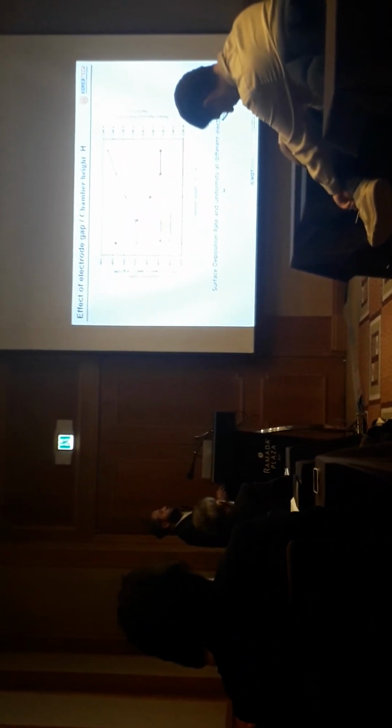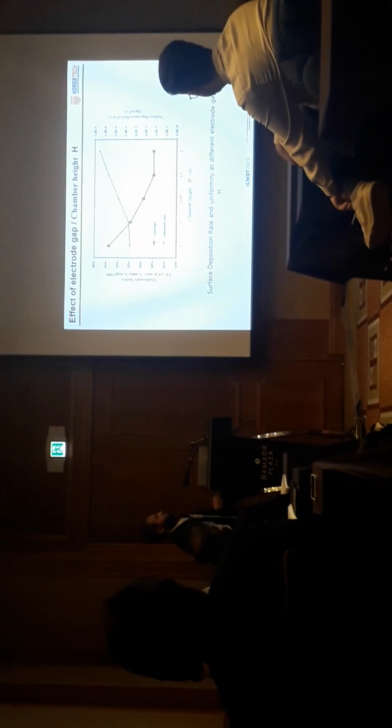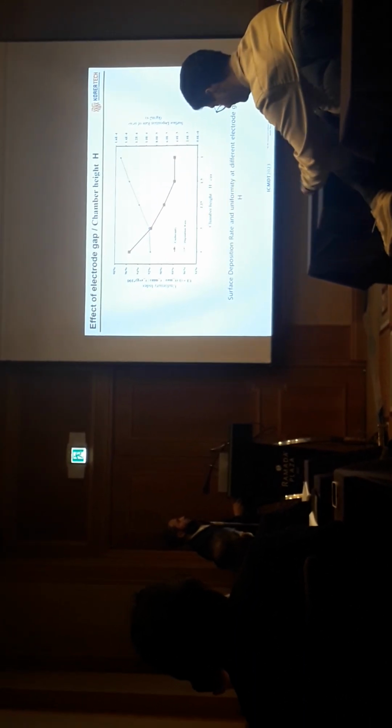Here is the equation I use. So the uniformity is 1 minus the maximum thickness minus the minimum thickness over the average. So depending on the location, which area has a thicker layer deposited than any other place? The center one.